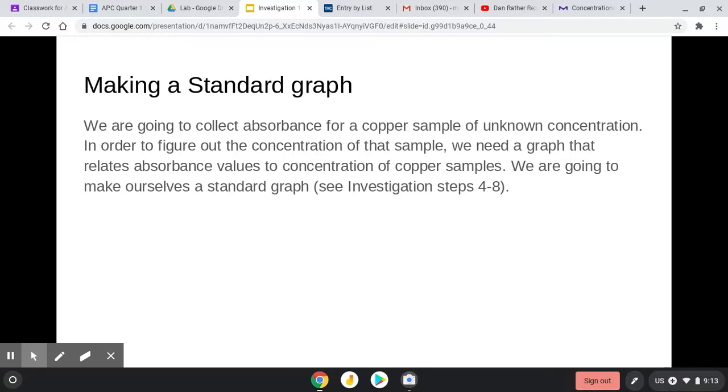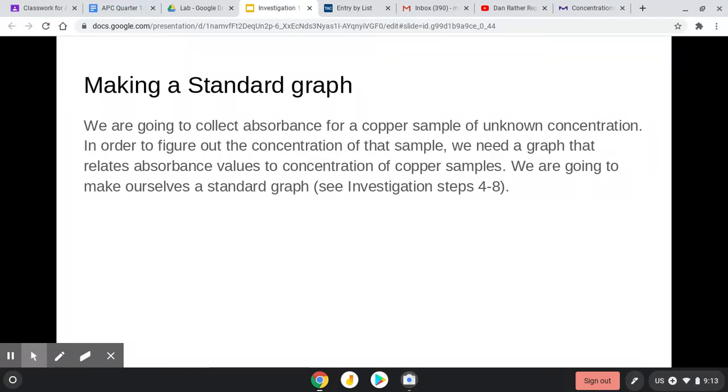The concentration is what we're trying to figure out. So that is our unknown. So in order to figure out what that concentration is from absorbance, we need a graph that relates absorbance to concentration. And so this is going to be a standard graph. It's a graph that we create off of knowns so that we have a relationship between absorbance and concentration that we can compare our unknown to.